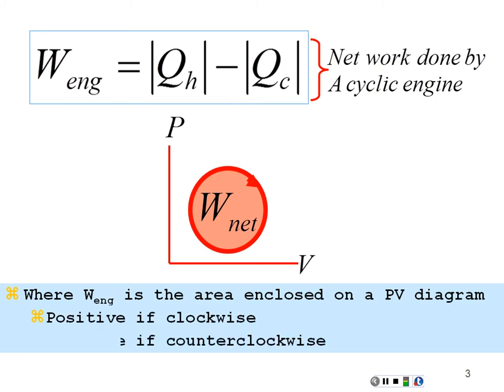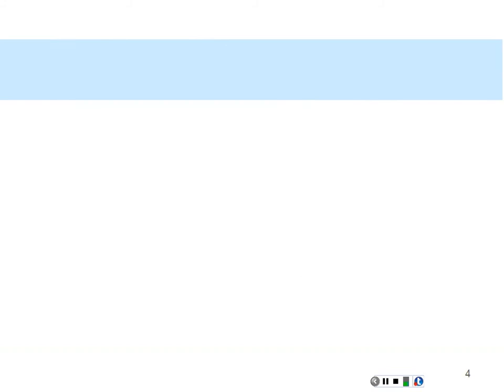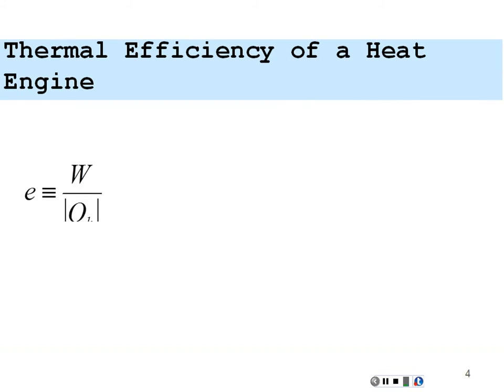Positive if clockwise, negative counterclockwise. So just the opposite of what we were doing as far as work done on the system. This engine is trying to do work outside of the system. It's trying to do work on other things. So it's still the area enclosed, but positive if it's clockwise.